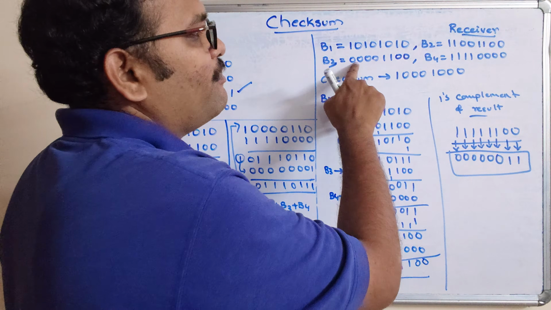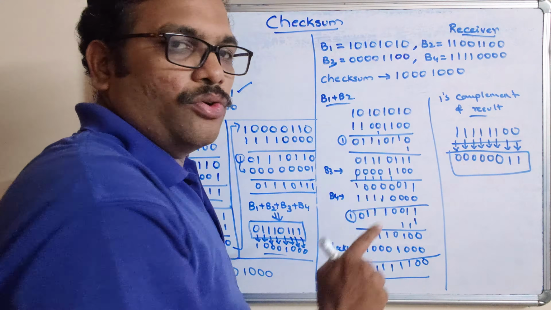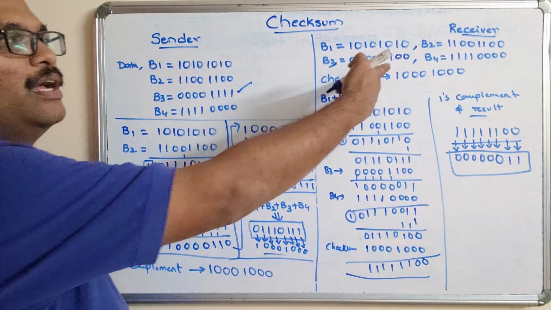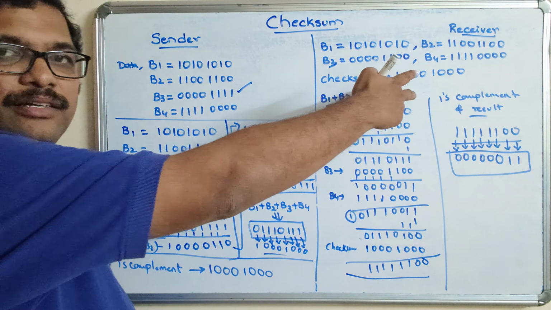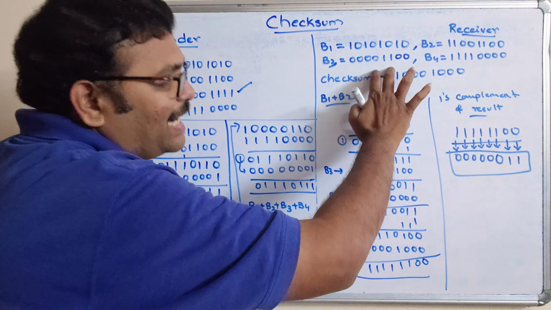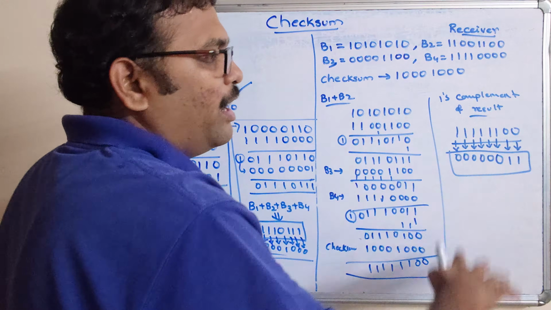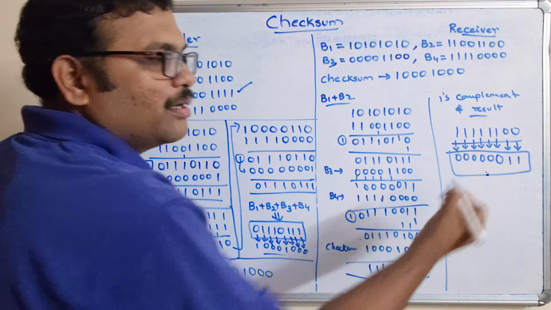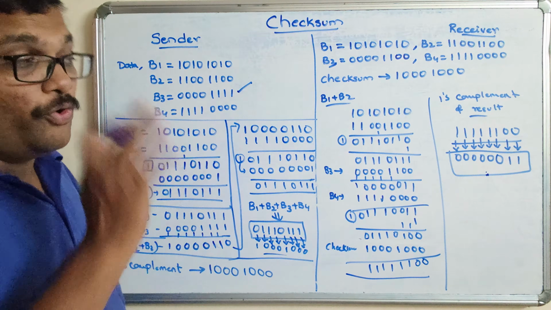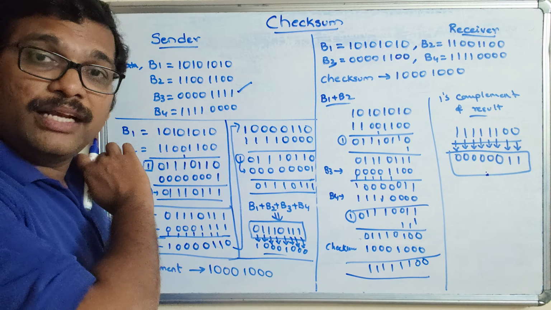In the receiver we have 4 zeros, 1 1 and 0 0. That means 2 bits have been corrupted, 2 bits have been changed. So for that reason, if you apply the same procedure on the receiver side, we are not getting all zeros. If you get all zeros, that implies there is no error.